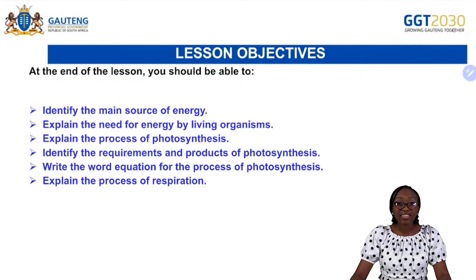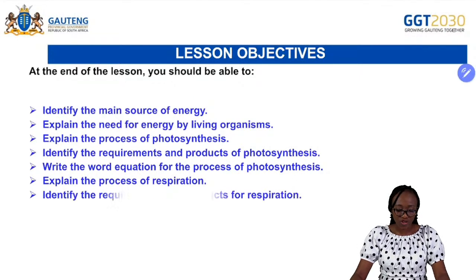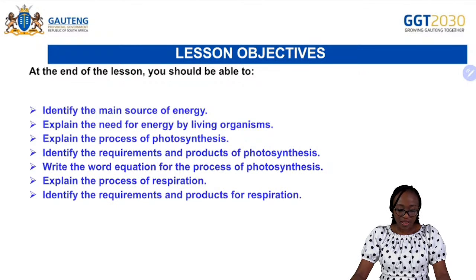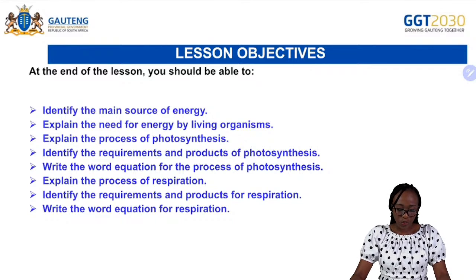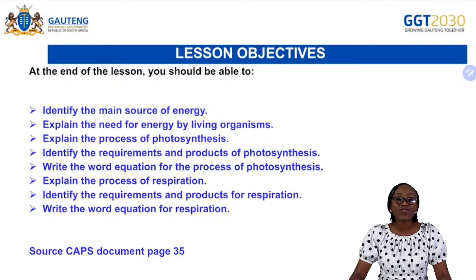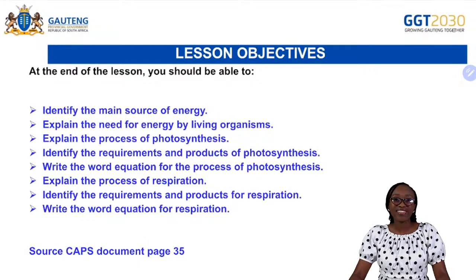Then explain the process of respiration, identify the requirements and products for respiration. Then we're going to write the word equation for respiration. All this is sourced from your CAPS document on page 35.